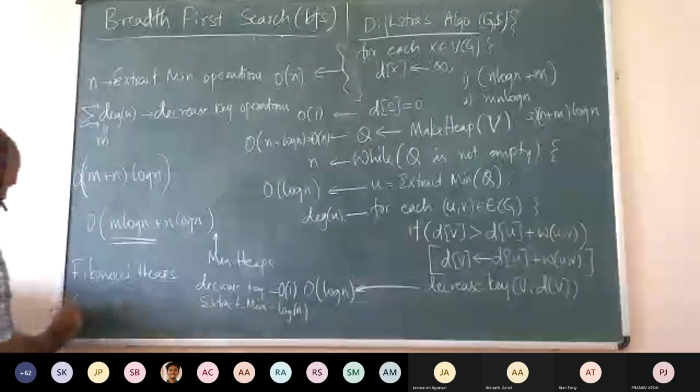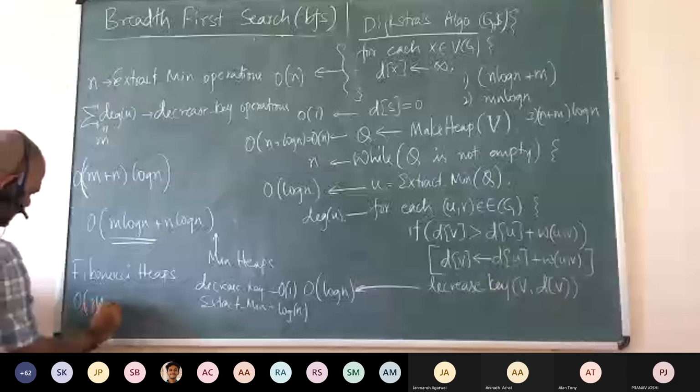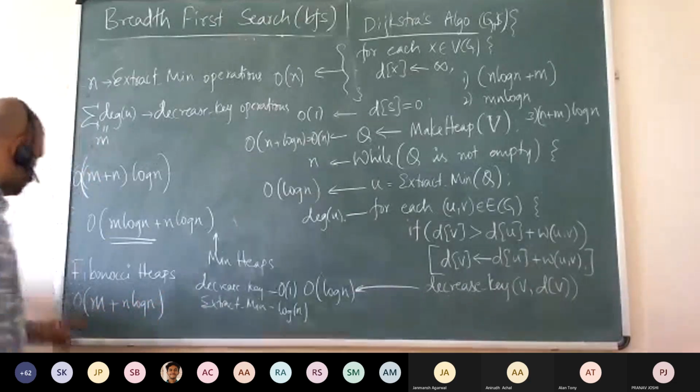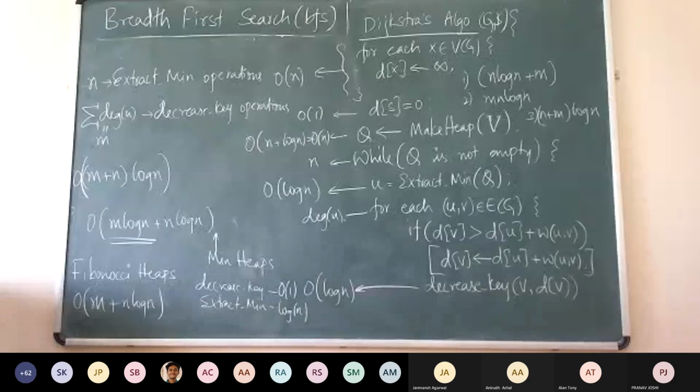So if you use Fibonacci heaps, the algorithm would run in m plus n log n. You would shave off a log n factor from the first term. For that, you need to know Fibonacci heaps, so that is the assignment.